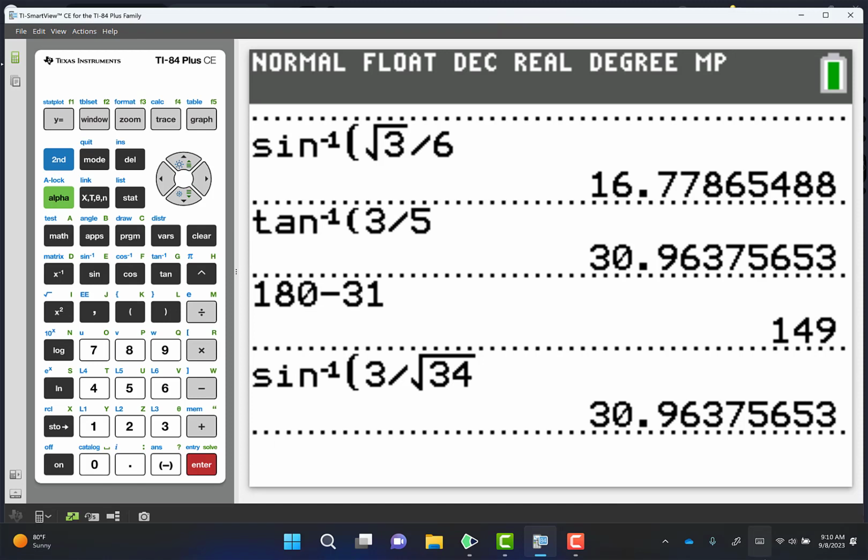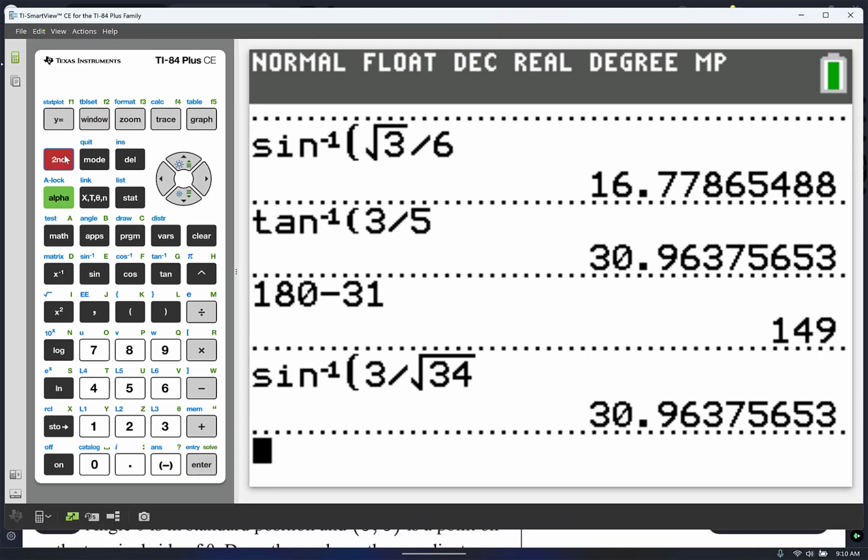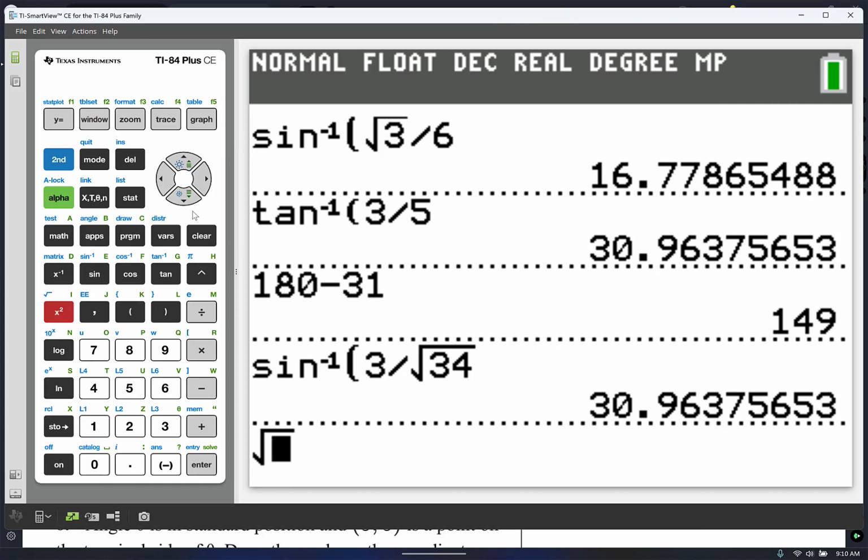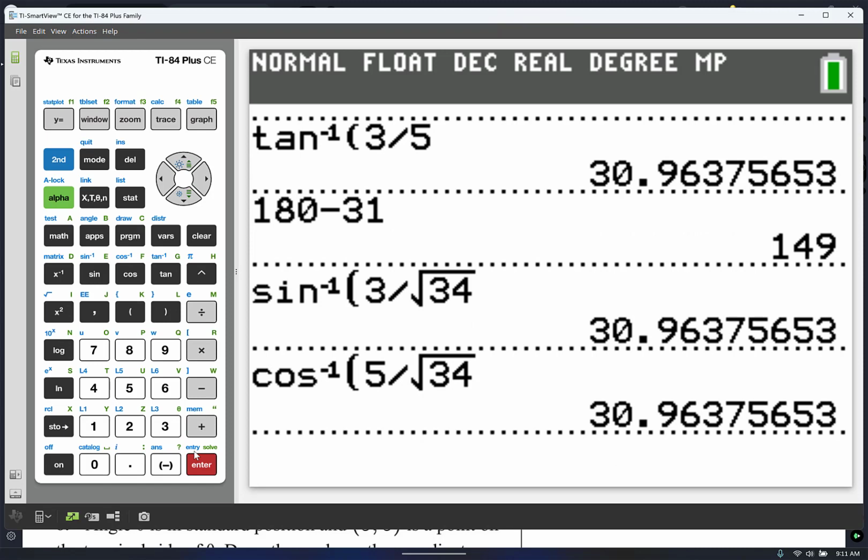I'm not fake, so that's why I wanted to show you guys that. If you do arc cosine of 5 over square root of 34, you're going to get the same thing. I'm surprised I actually remembered it was 5. Arc cosine of 5 divided by square root of 34. Look at that. Three different ways, same answer.